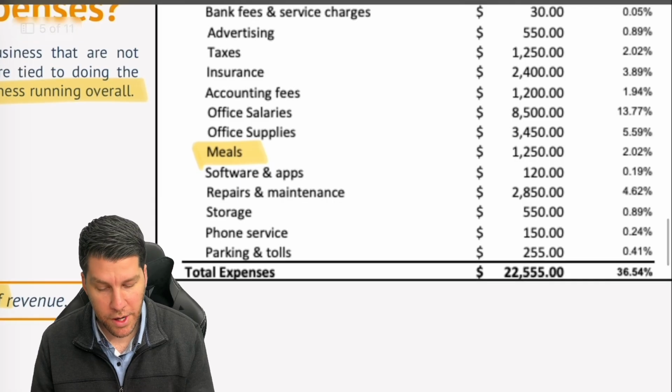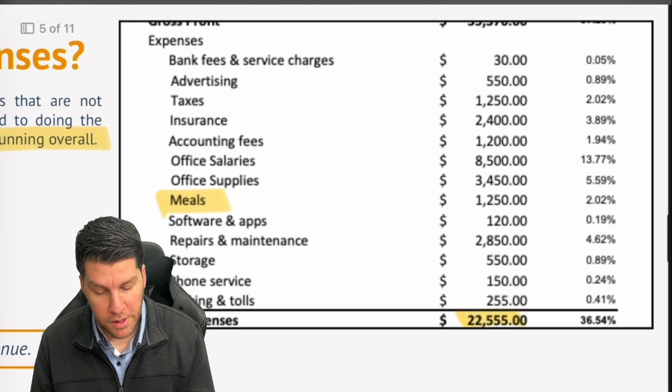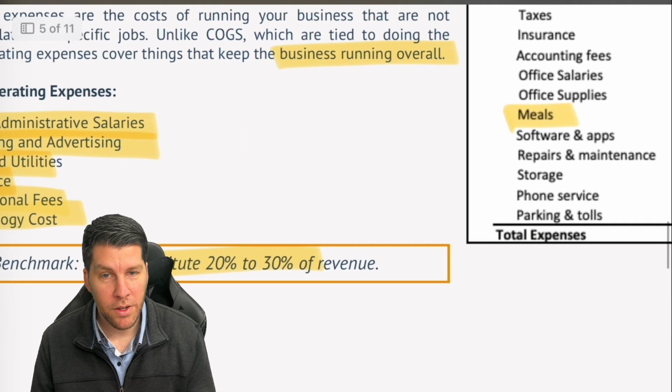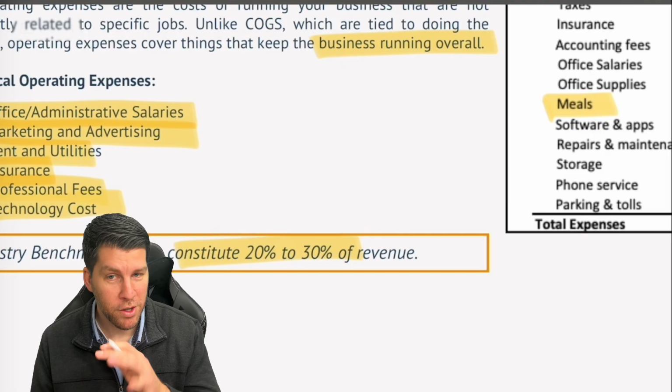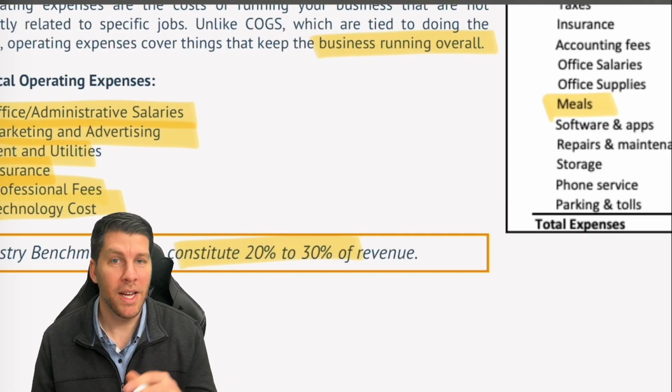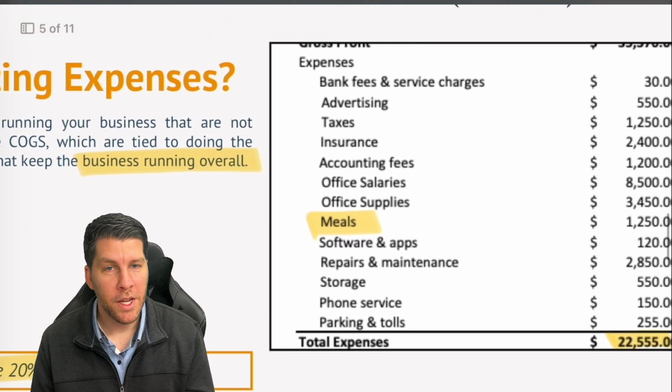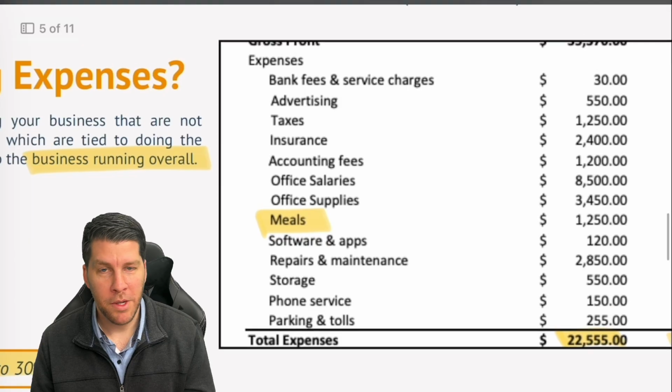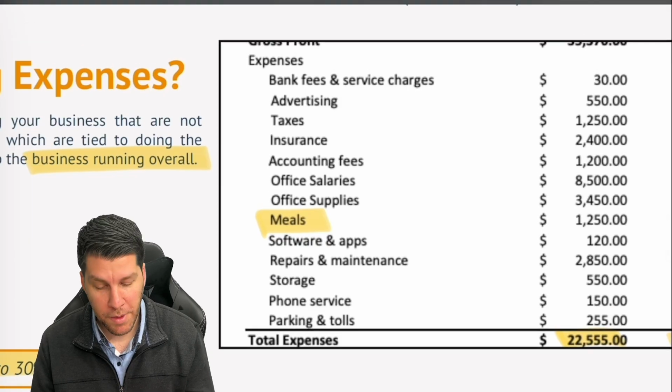And in this scenario, the total operating expenses is $22,000, which is about 36.5%, which again, for the industry average, is a really, really wide ballpark. This is slightly over, so maybe there's something in here that you might be able to trim down. Maybe there's something here you might be able to cut and adjust from there.